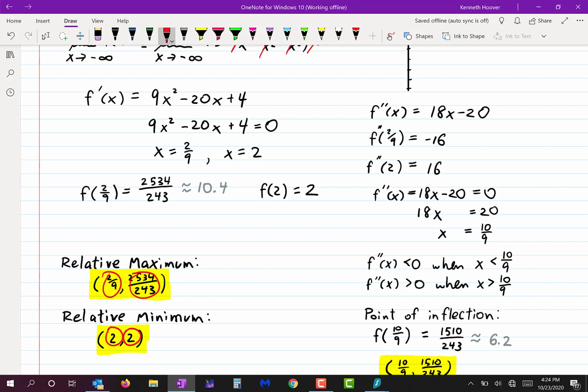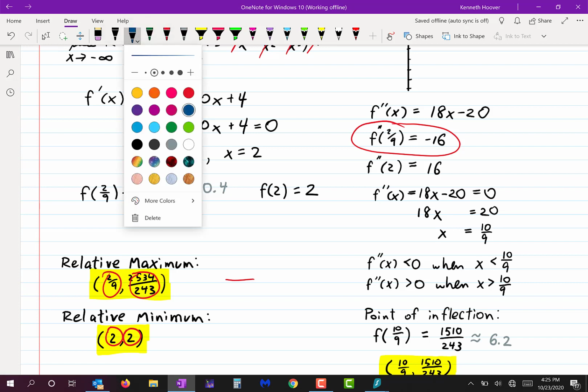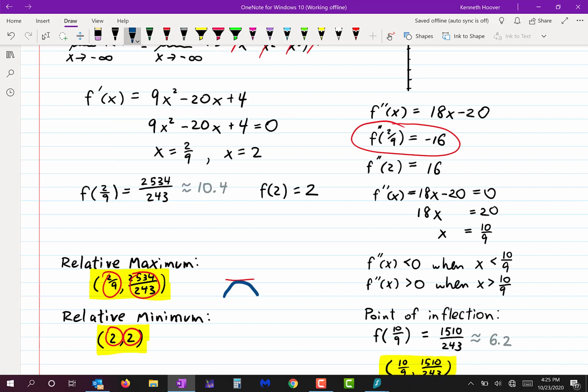That's over here. We plug 2/9 into the second derivative and we got a negative number, which means the graph is concave down. So the graph levels out there and it's concave down. And so that means that the graph looks like this, which means that point is a relative maximum.